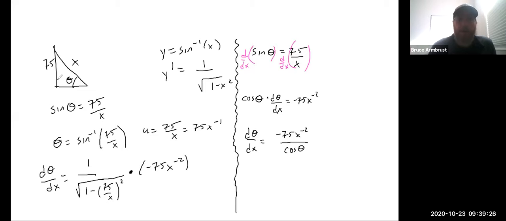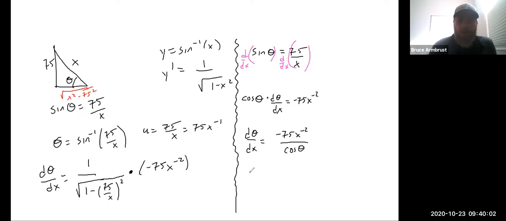Cosine of theta is equal to adjacent over the hypotenuse. Well, we could use the Pythagorean theorem to find this adjacent side, and it's going to equal the square root of x squared minus 75 squared, if you do the good old a squared plus b squared equals c squared.